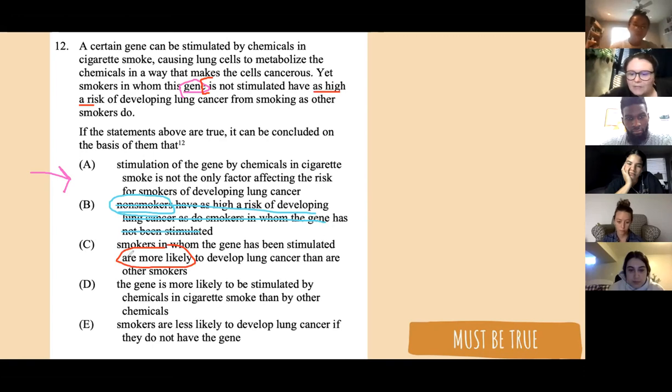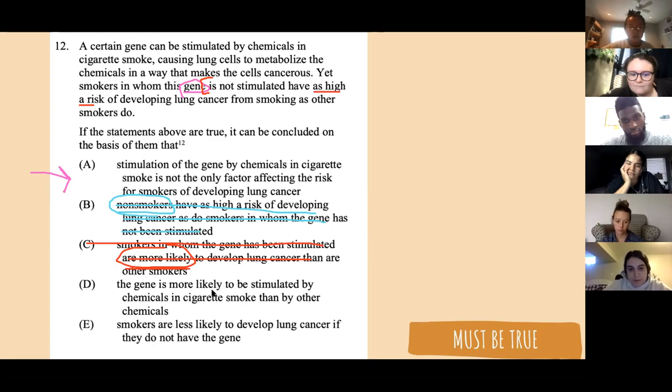All right, Sabrina, do you have D? I have D. Or who has D? Whoever has D, go with D. Okay, I have D. I read it as D making an assumption, assuming that the gene can be caused by other chemicals, but we don't know that for sure.